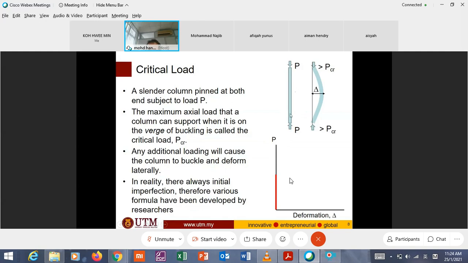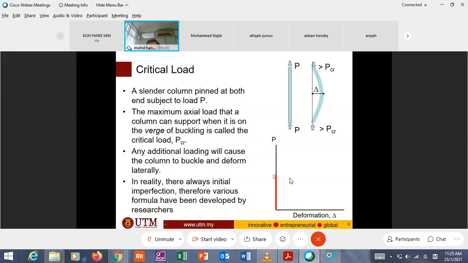At this part, when you increase loading P, increase from 0, again and again, there is no deformation. You can try now, if you have your pen, or your thick ruler, not a thin ruler, a thick ruler, you apply load. There is no lateral deformation. What you have is axial deformation, shortening, no lateral deformation.